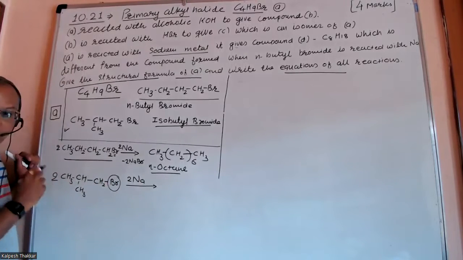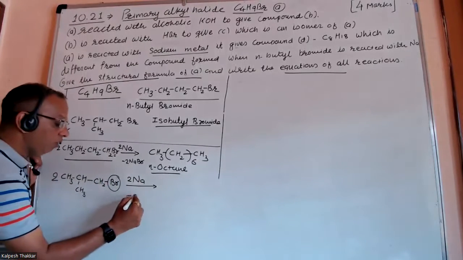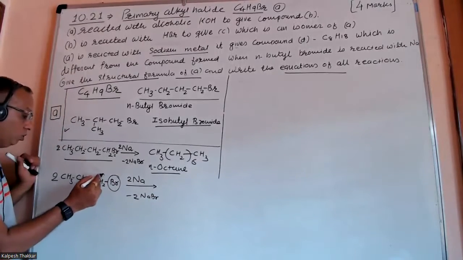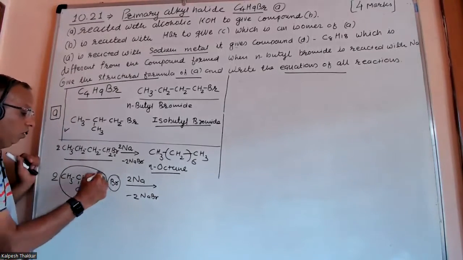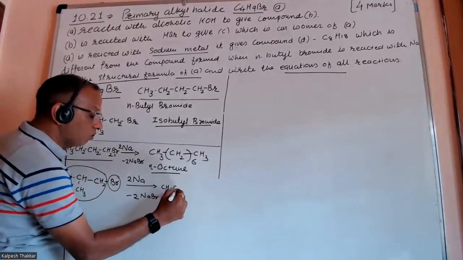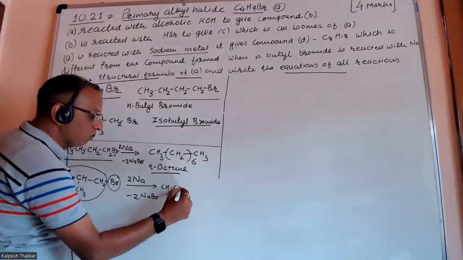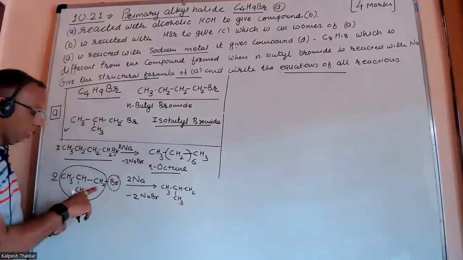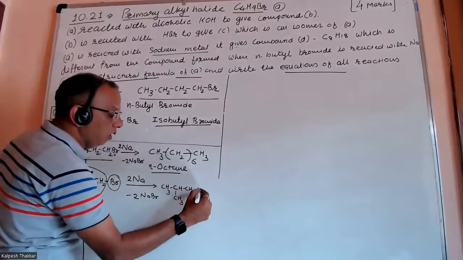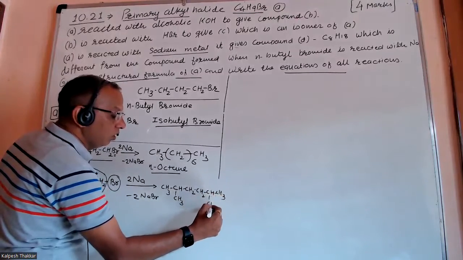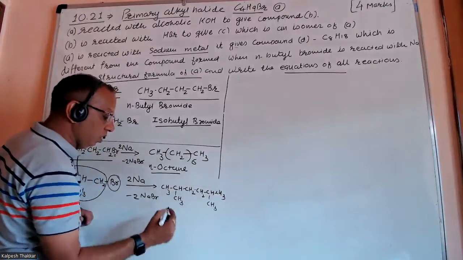Once again, this is also to be taken 2 times, and we will obtain 2 NaBr. So this molecule, friends, will be obtained in the product 2 times: CH3, CH, CH3, CH2, and similarly another CH2, CH, CH3, and CH3.